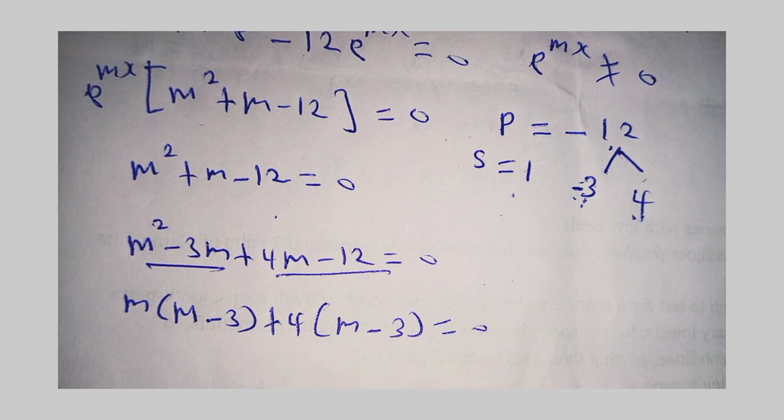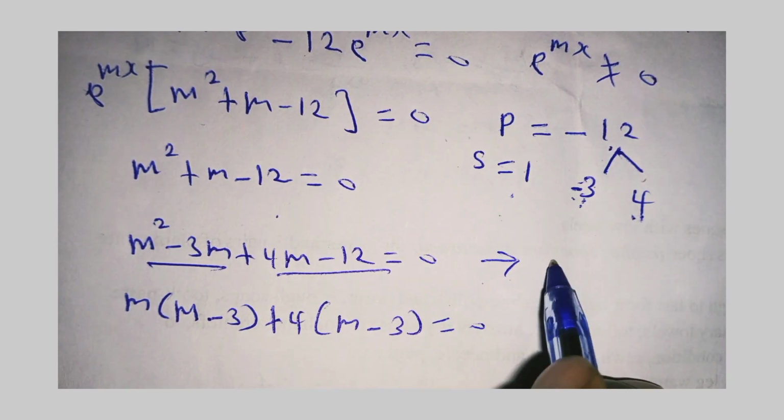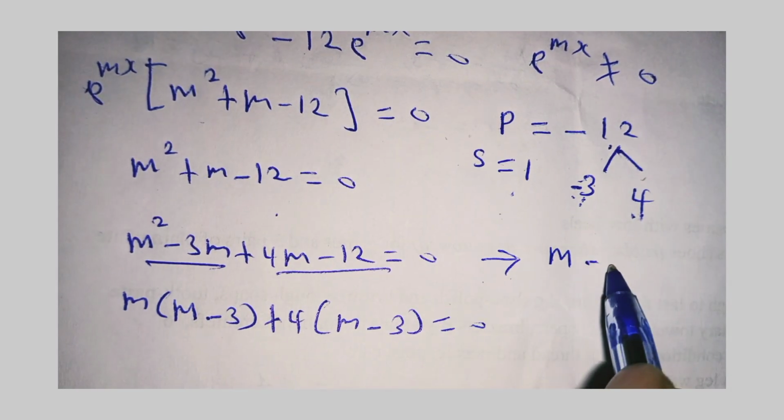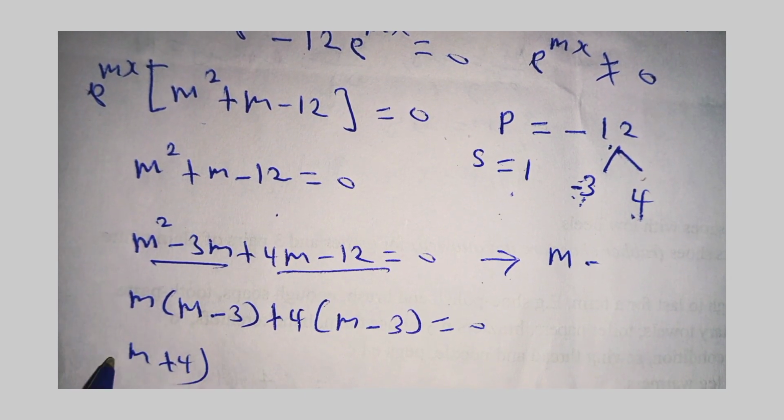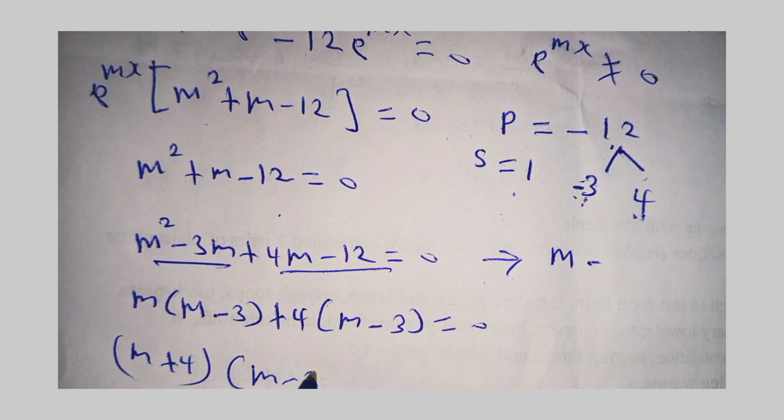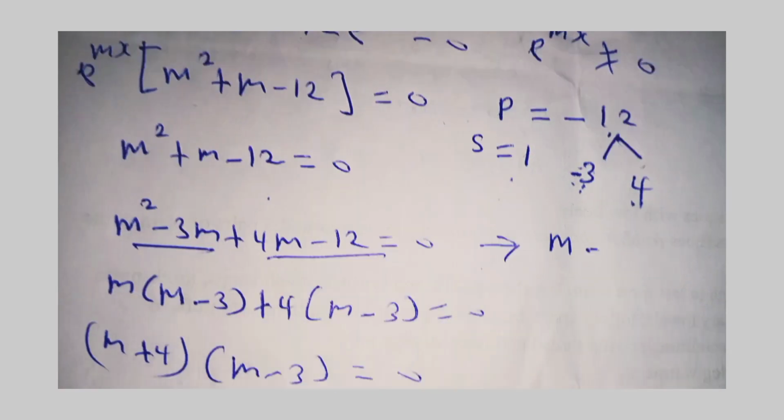This implies m plus 4 into bracket m minus 3 is equal to 0.